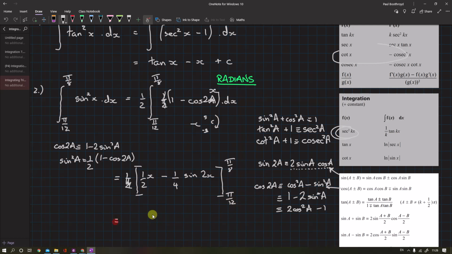When you come to looking in here, we now know that we're going to get some numbers I should recognise. So I've got pi over 16 minus 1/4 the sine of pi over 4, and subtract from that the pi over 12, which is going to be pi over 24, minus 1/4 sine of pi over 6.